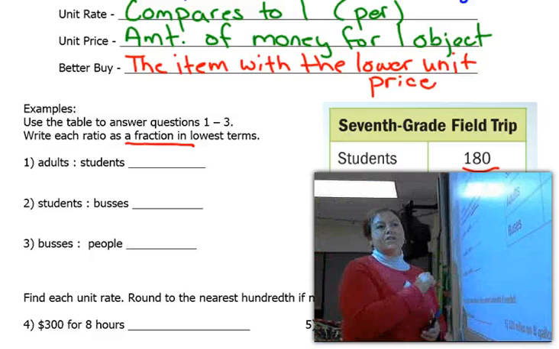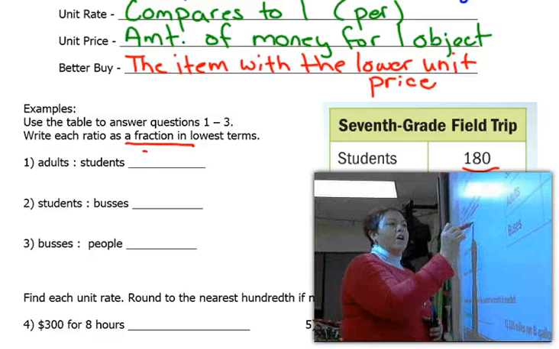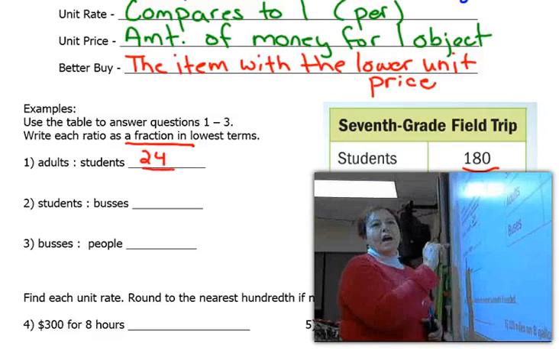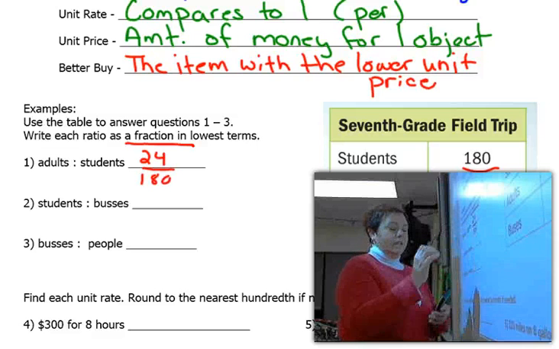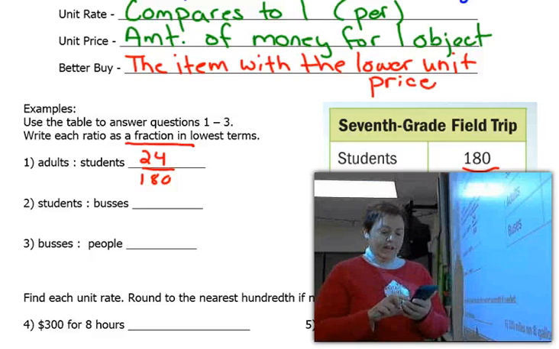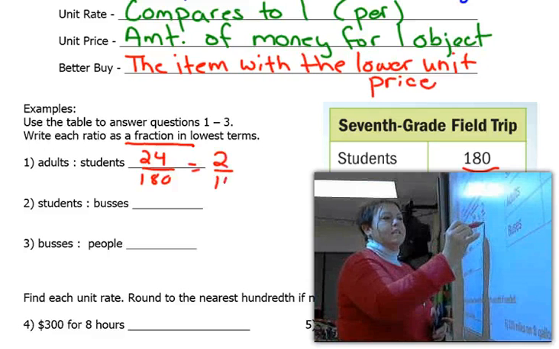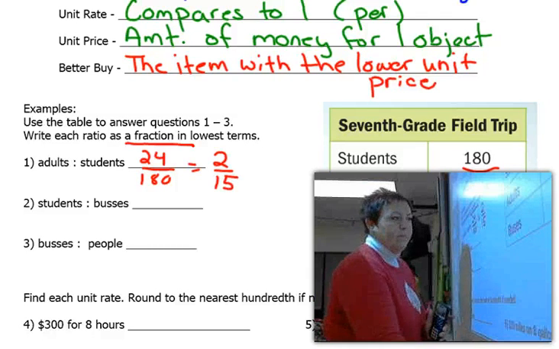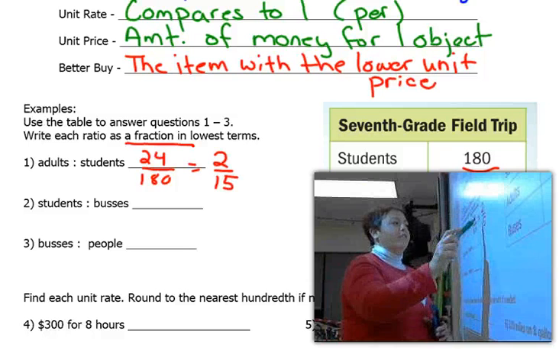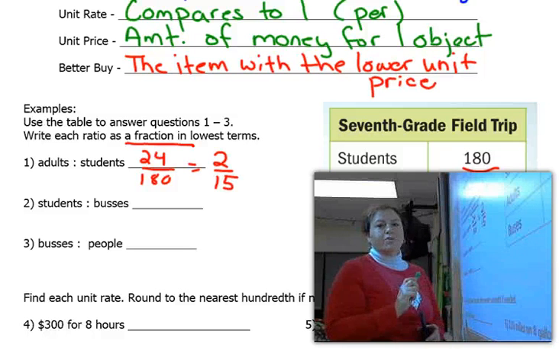Okay. Adults to students. So when I look at this, we have 24 adults and we have 180 students. So if I enter that, it reduces down to 2/15. All right, so that's telling me that for every 2 adults, there are 15 students.